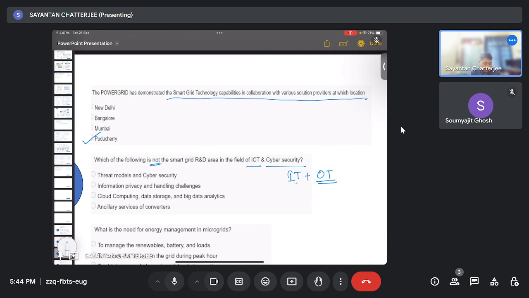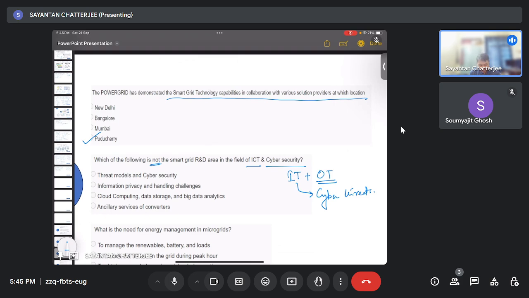Due to cyber threats having much higher impacts, threat models are being updated day by day. Researchers in R&D need to work on creating and understanding threat models and accordingly present some cyber security for the grid.